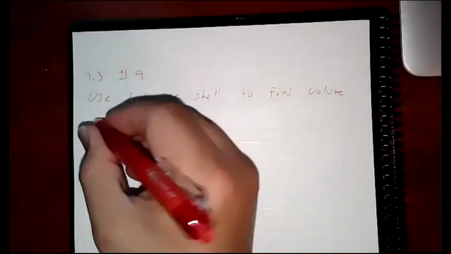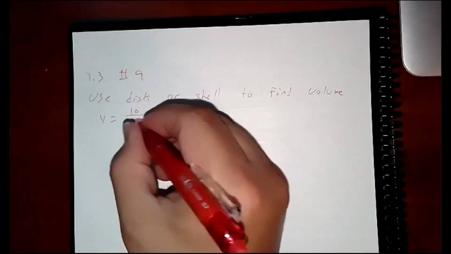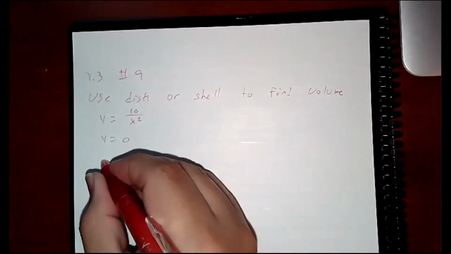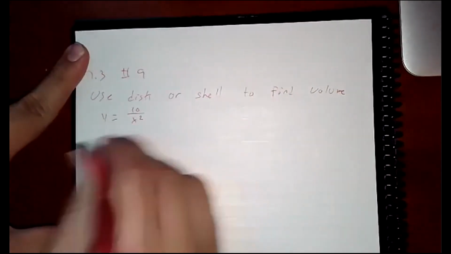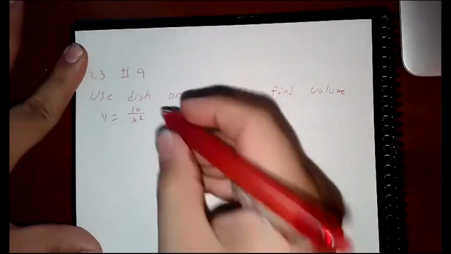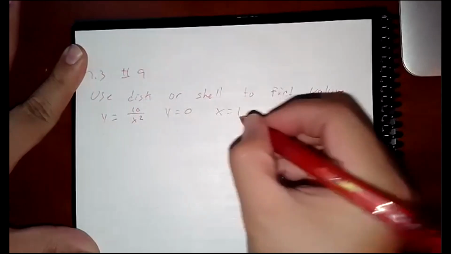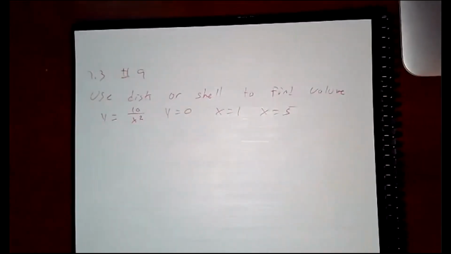And then they gave you these functions that bound the region: y equals 0, x equals 1, x equals 5, and then the line y equals 10.